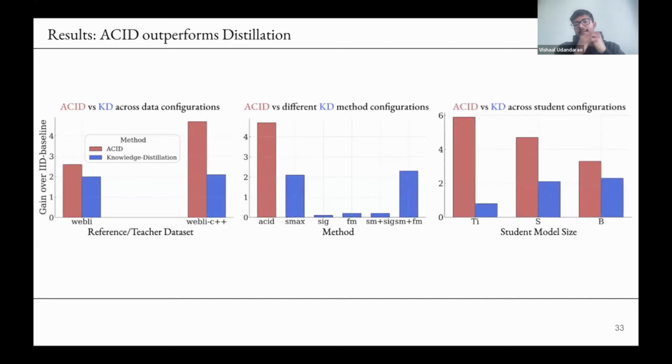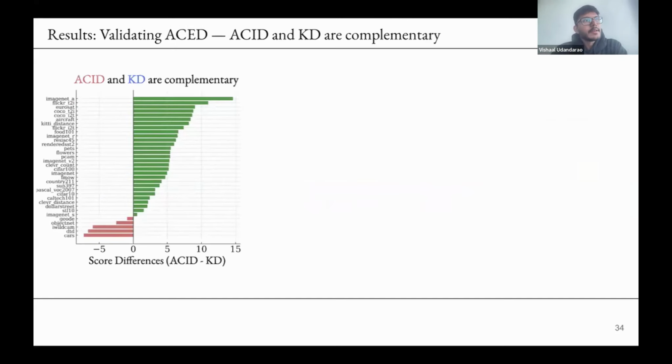Also, we finally look at sweeping the student model size. So as you have larger student models, is ACID still comprehensively beating KD? And we do see that while the gains seem to decrease somewhat, we still comprehensively beat KD even across different student model sizes.